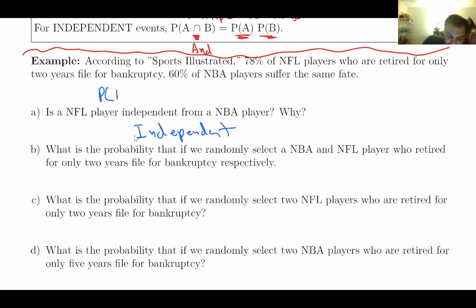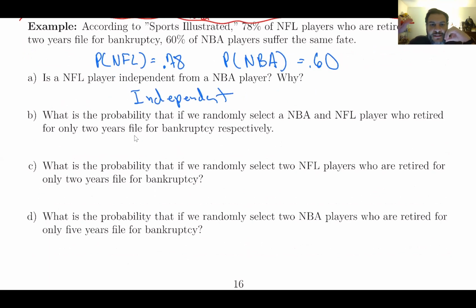We'll say the probability that an NFL player files for bankruptcy is 0.78, and the probability an NBA player files for bankruptcy is 0.60. For part B, how many people are we randomly selecting? Cool. So we're randomly selecting two people.